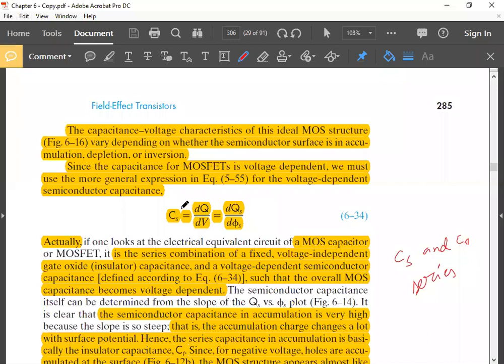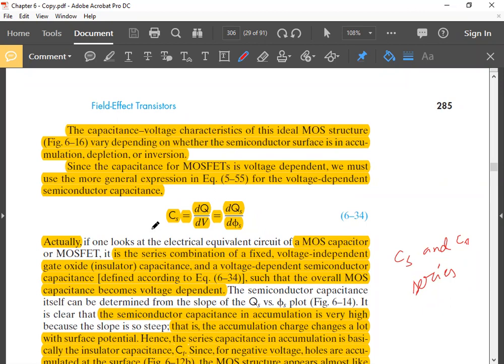Semiconductor capacitance comes because in the semiconductor layer, with the application of voltage, there is a change of charge. Remember, in the parallel plate capacitor, in the plates itself, there is no voltage drop. The capacitor voltage actually drops across the insulator, right?